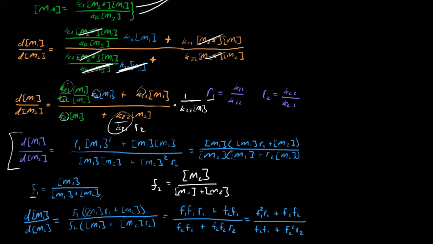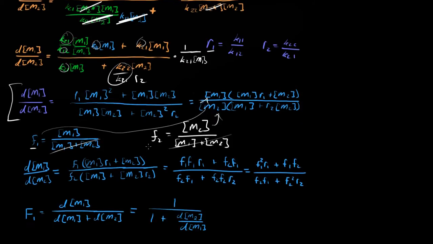These both have the same denominator. So then really, since this is already a division problem, we can just plug this right there and this right there, and this part will cancel out with that part. So really all we're doing right here is wherever there is a monomer 1, we're putting f1.